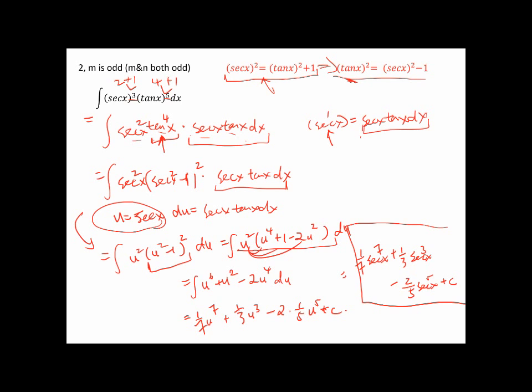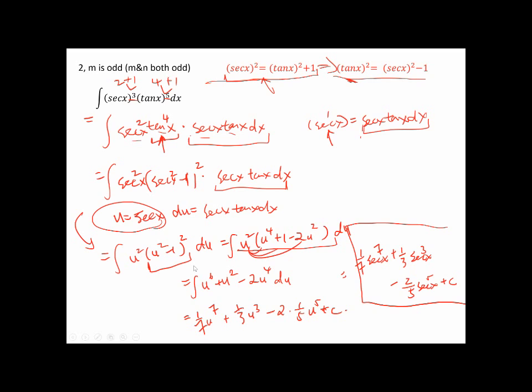Whatever is left, I just copy, secant squared tangent to the fourth. And I rewrite the tangent into secant using our key formula. There may be a square or just itself, secant squared minus 1. You just want to match up the power. And then substitution, u equals secant, plug in, and you can solve it.